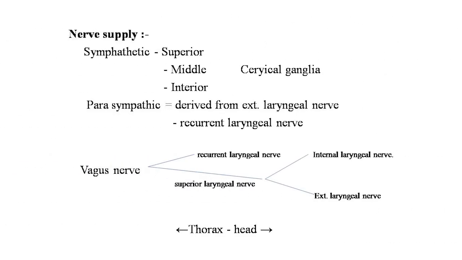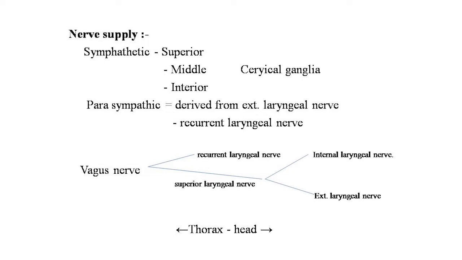Now the nerve supply to the thyroid. Sympathetic supply is from the superior, middle and inferior cervical ganglia, and parasympathetic supply is derived from the external laryngeal nerve and the recurrent laryngeal nerve. The recurrent laryngeal nerve is the most important. Vagus nerve supply is through the recurrent laryngeal nerve and the superior laryngeal nerve, that is the internal laryngeal nerve and external laryngeal nerve.